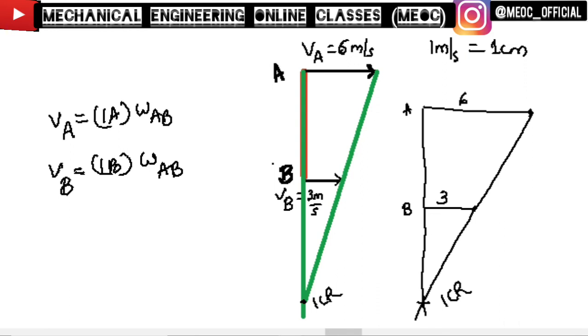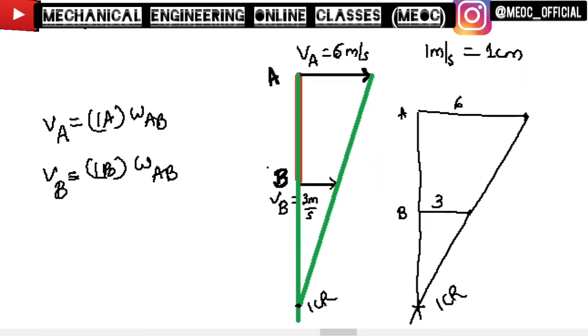So this is how we find the location of the instantaneous center of rotation when two velocities are parallel in the same direction. Because VA and VB are rightward, the instantaneous center of rotation is somewhere here. So omega direction will be this. Omega of AB will be in clockwise direction.